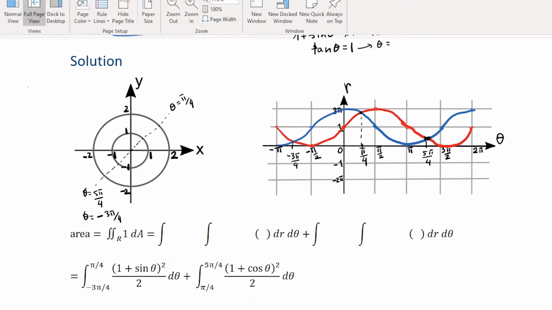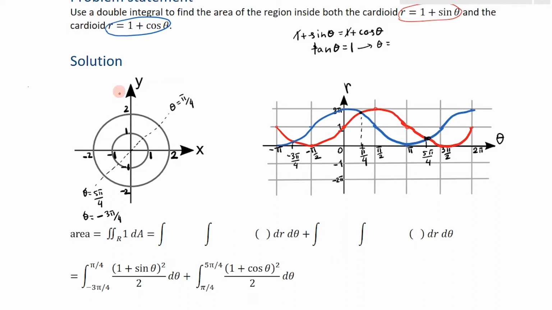Now let's sketch the two cardioids. We can use whichever 2 pi interval to figure out the sketches. Let's say we use from negative 3 pi over 4, at which point, never mind, let's use from 0 to 2 pi.